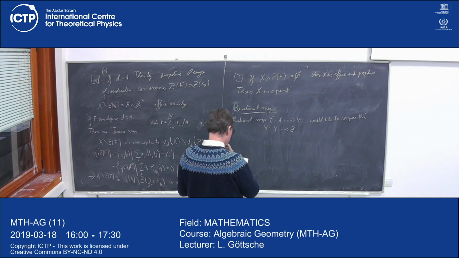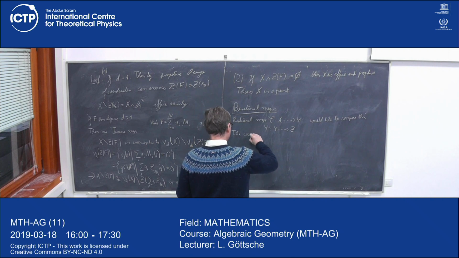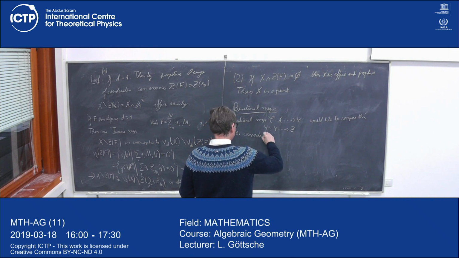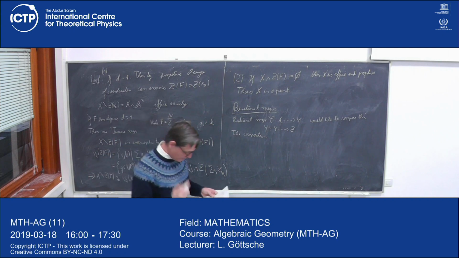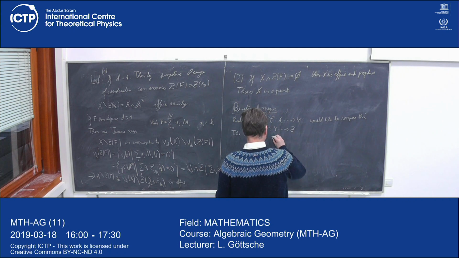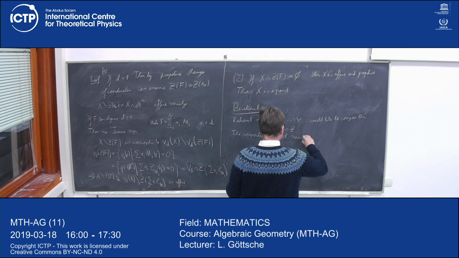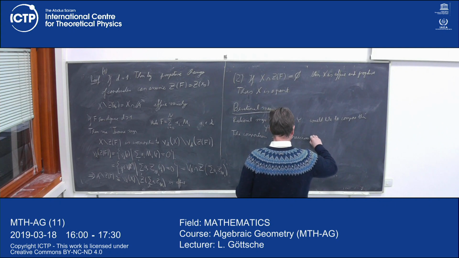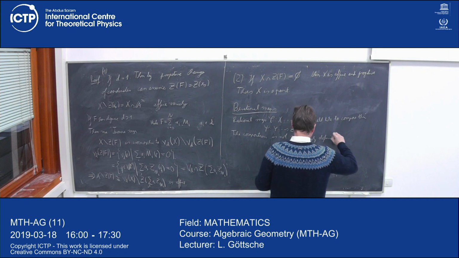Can we intersect with open sets on Y? Yeah, there is some such. I mean, that is somehow the problem, but let me say it. The composition is not always defined, not necessarily defined as a rational map.